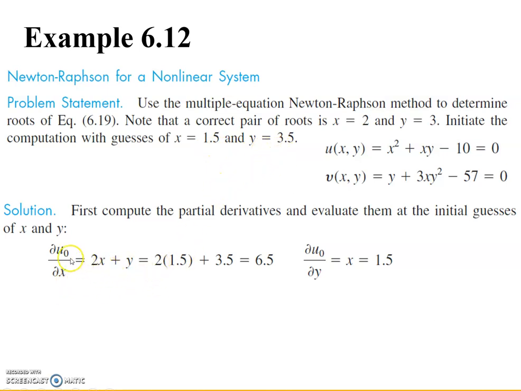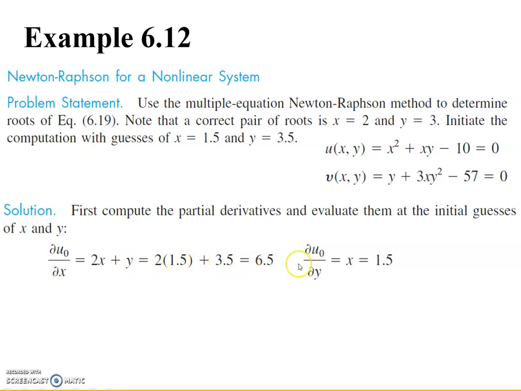For example, if we take partial u over partial x, it will be 2x plus y, because with respect to x, y is constant, and for 10 it is 0. The value of x will be applied as 1.5 over here, and the value of y as 3.5.